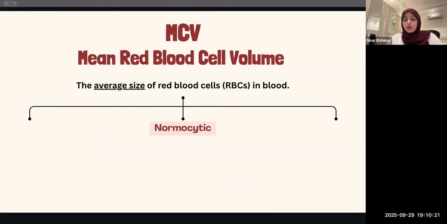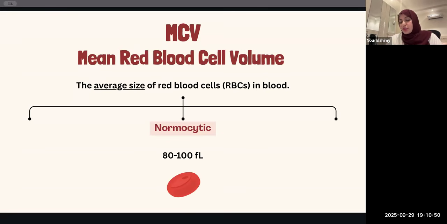So normocytic means that the size of the red blood cell is in the normal range, which is 80 to 100 femtoliter. Now, I think it's very easy to memorize the range here rather than the other ranges, because they're kind of in decimals. So also try to familiarize yourself with the ranges regarding MCV.